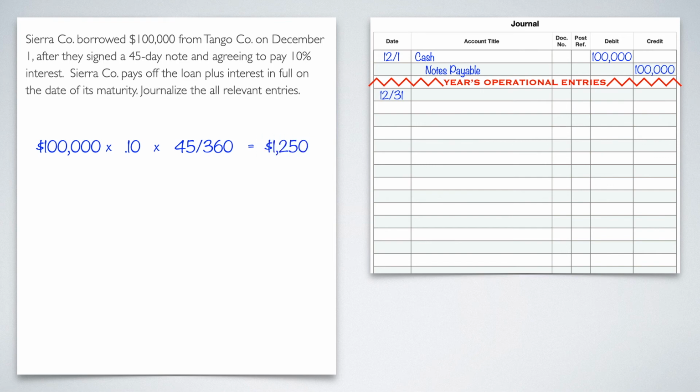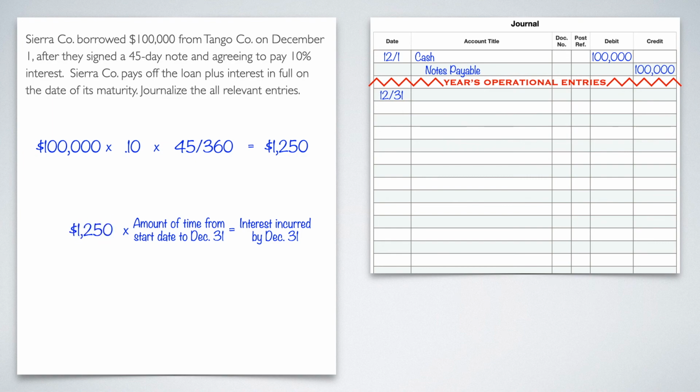Now, that's not what we're going to account for yet, because we haven't incurred all that $1,250. That's for the full 45 days. We're only doing it for a portion of it. So we got to break that down. So we'll use the equation again: total interest times the amount of time from the start date to December 31st, and that will give us the interest incurred. So $1,250.